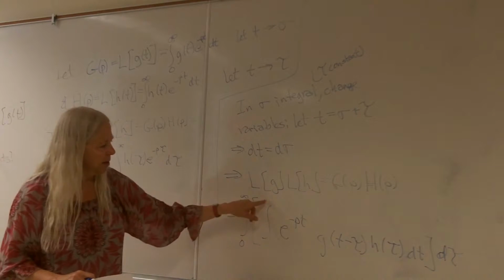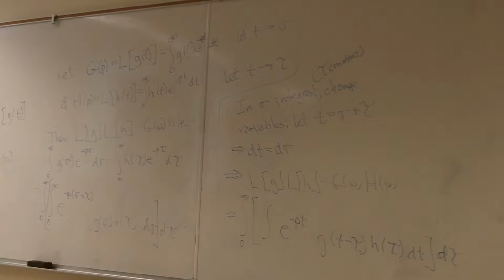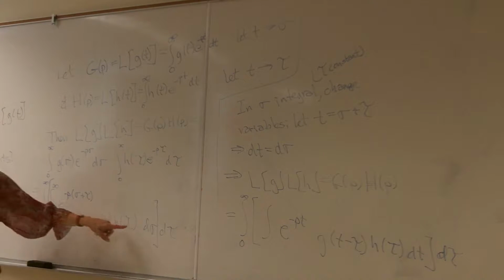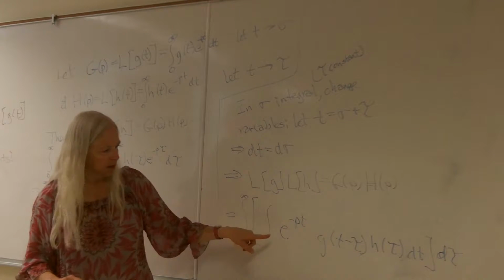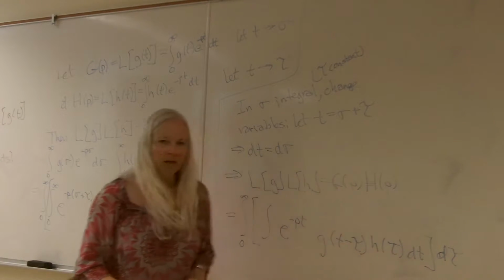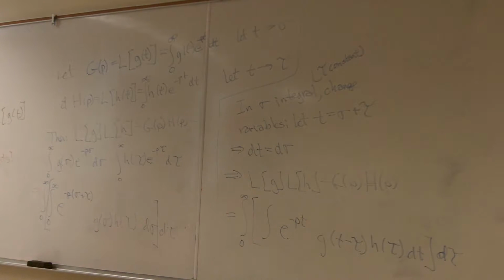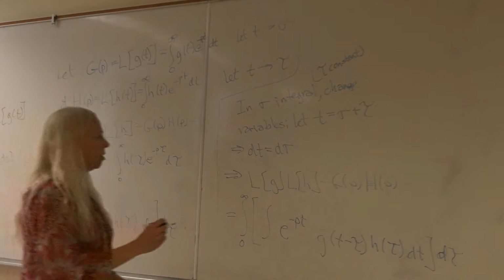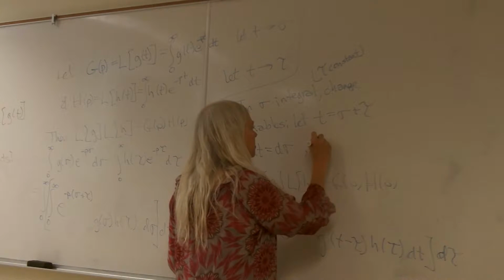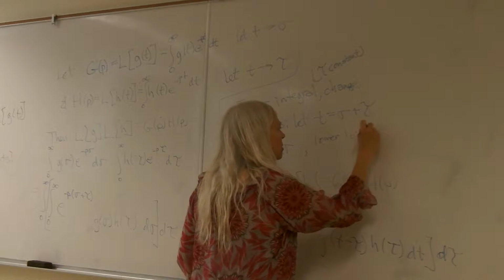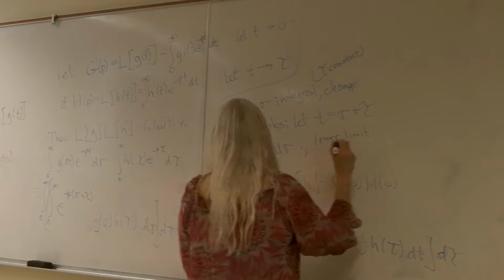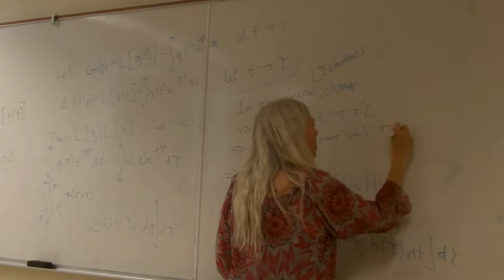Now let's think what these limits are. They're not 0 to infinity anymore. Our old limits reflected initial and final values of sigma. Our new limits, since we're now integrating over t instead of sigma, have to show the beginning and ending values of t. Okay? So on the lower limit, we had sigma equals 0.